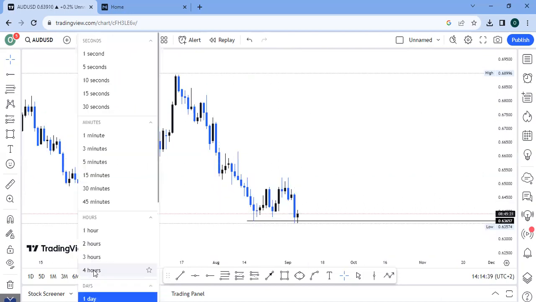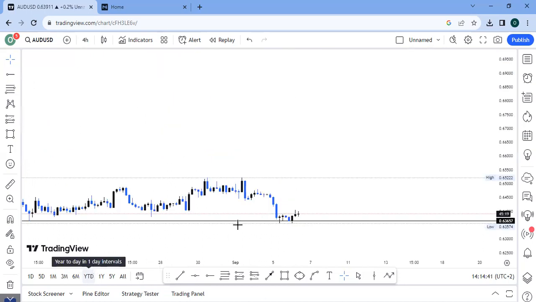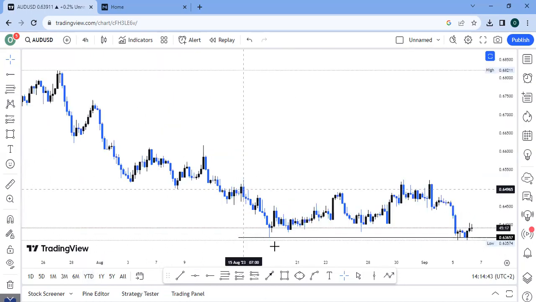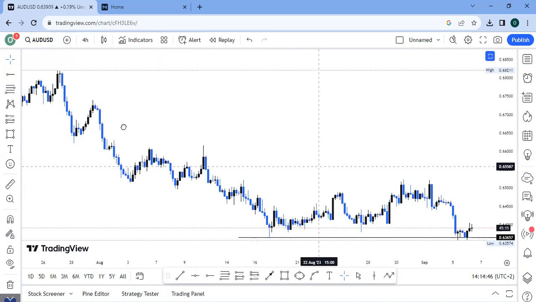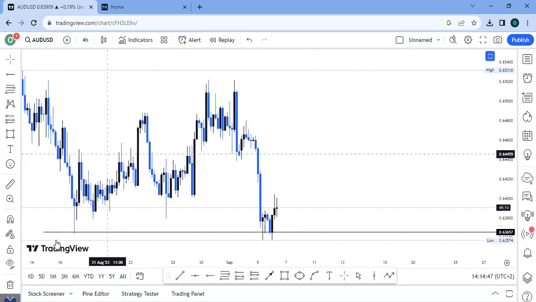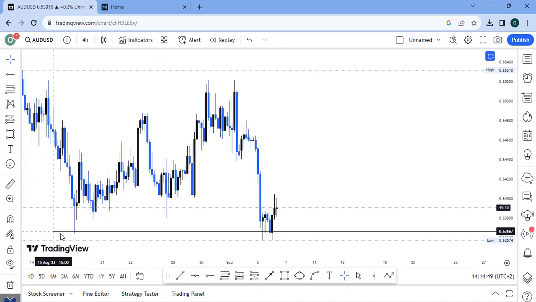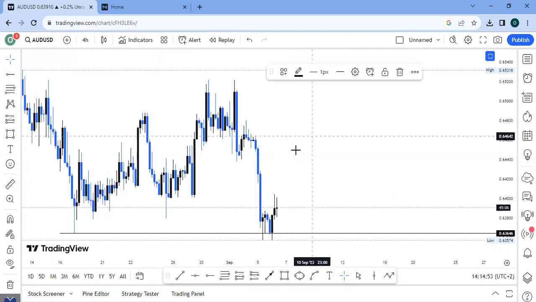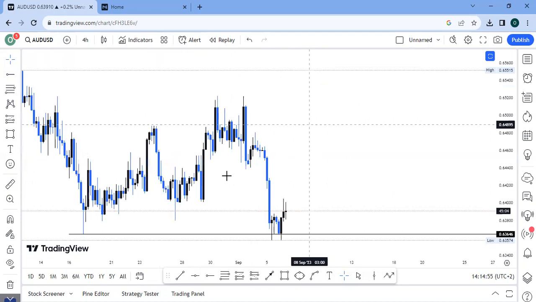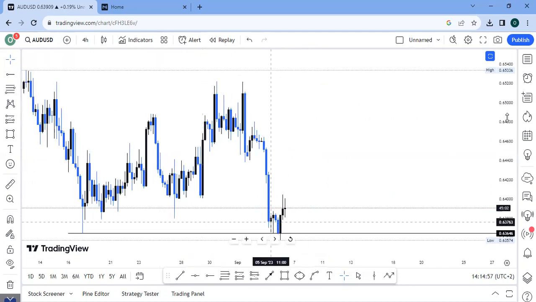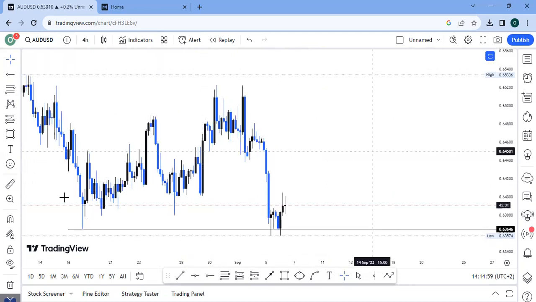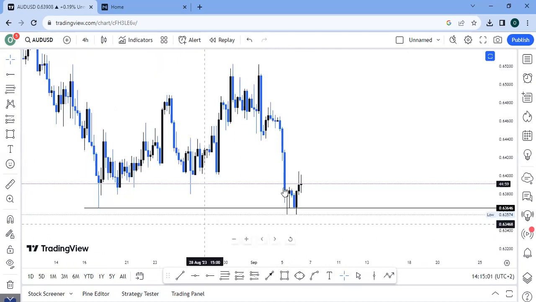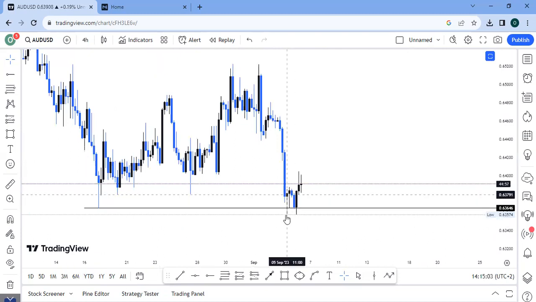If we go to a 4-hour time frame, let me just adjust this low to have it as accurate as possible. We can see on the 4-hour time frame as well that we didn't have any candles close below this low, but we do have a spike into this low.